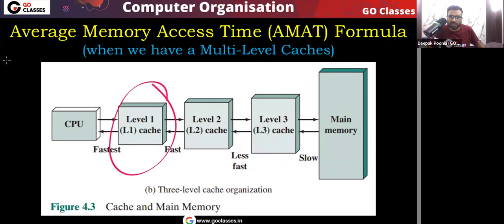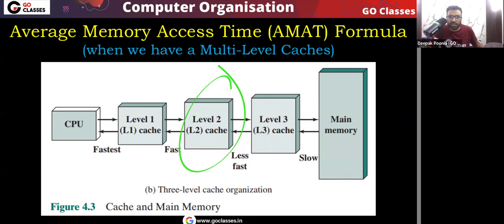If there is an L1 miss, then we have to access the L2 cache. If there is a hit in the L2 cache, then we transfer a block of data from L2 to L1, and then from L1 we transfer a word to CPU. So remember, for every L1 miss, we will definitely access the L2 cache.